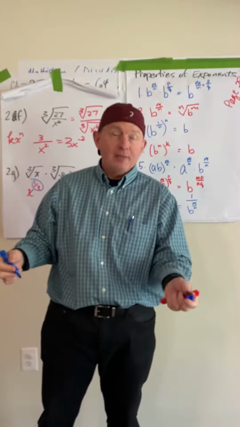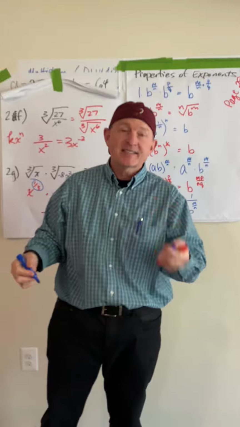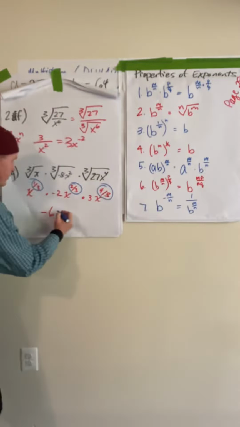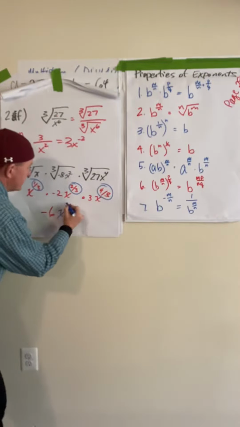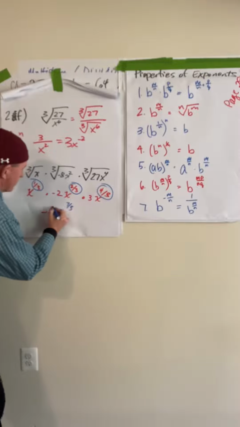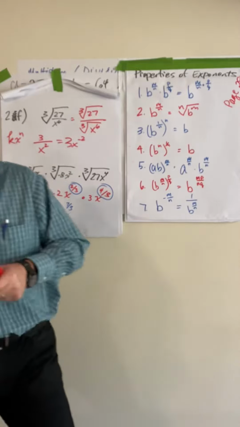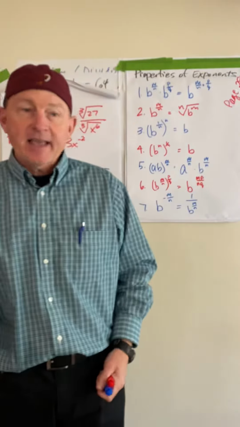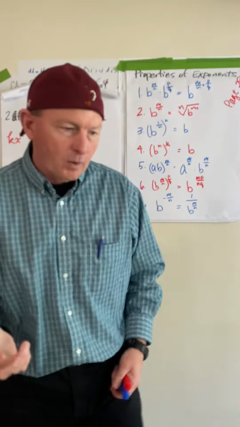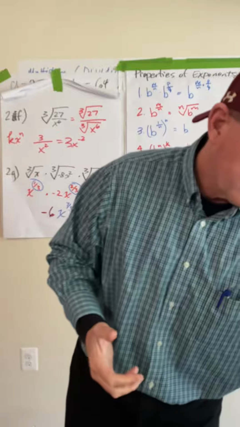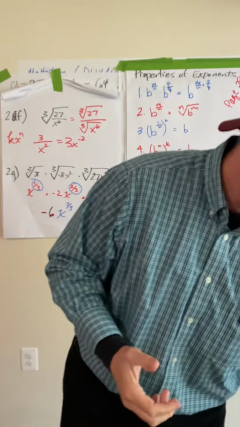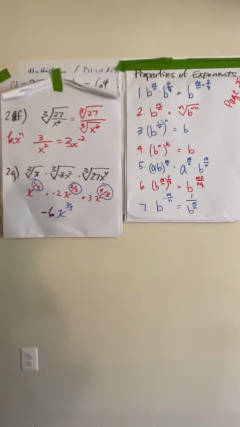So I'm going to add 3/3 plus 4/3 and get 7/3. So negative 6x to the 7/3. Shouldn't switch colors like that. But negative 6x to the 7/3, that's actually the answer to that problem. Pretty cool, huh? Pretty cool. Okay.